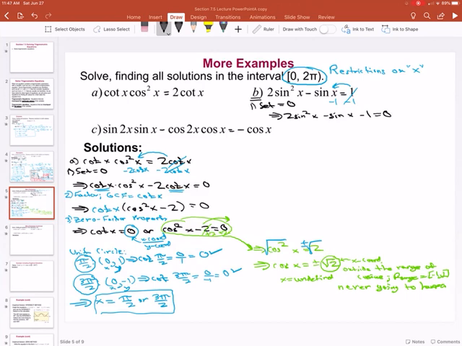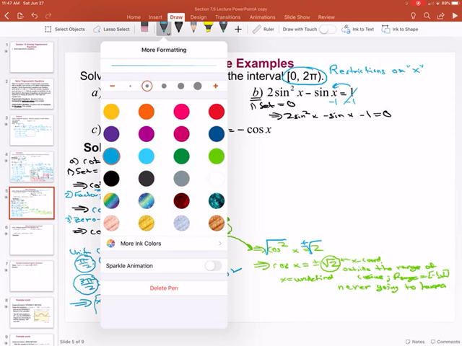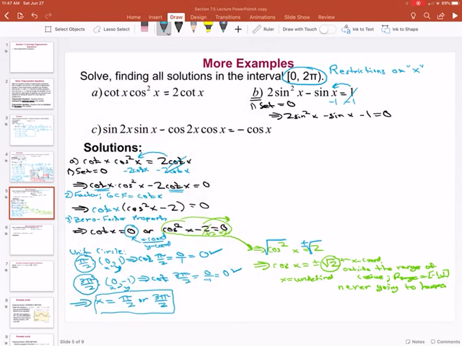Now when I look at that, I look at it like a quadratic equation. If you took out the sine function, that would read as 2x squared minus x minus 1 equals 0, if you're looking at it as a quadratic. Well, what I want to do is factor. So now that we've set it equal to 0, let's go ahead and factor.